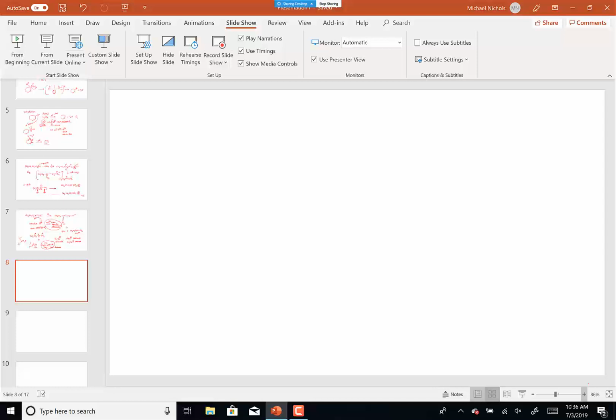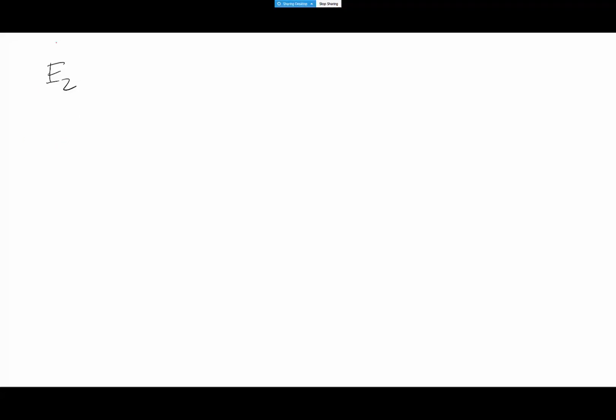Okay, back to E2. So E2, I'm going to use my strong base, small or big, to do the reaction. Now, a couple of important details about E2.